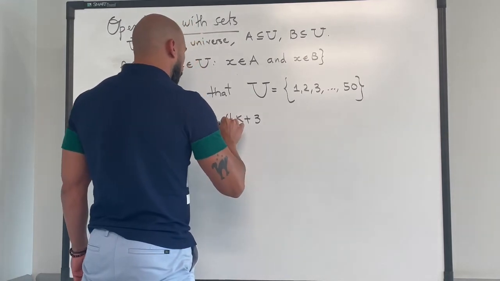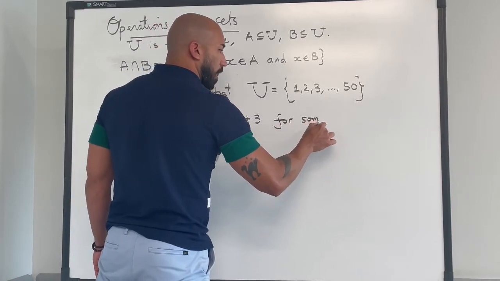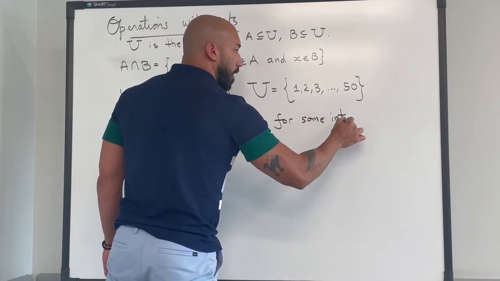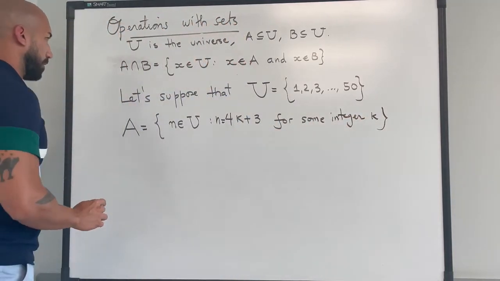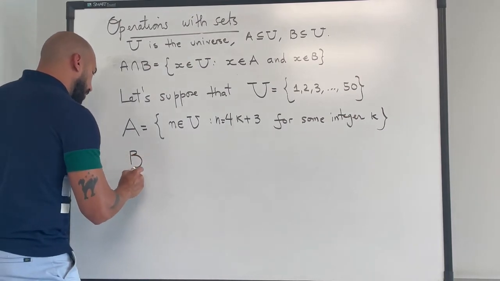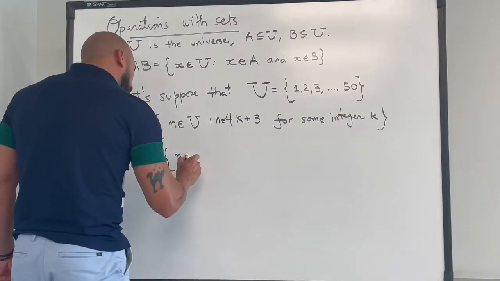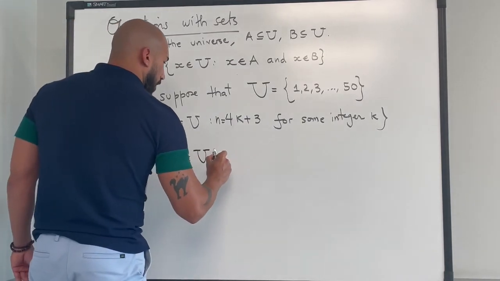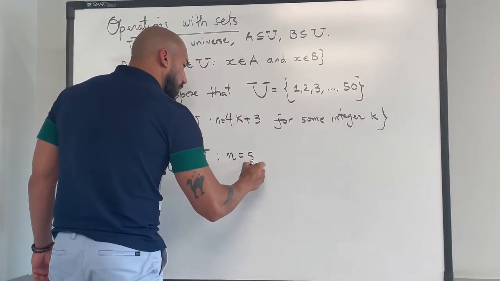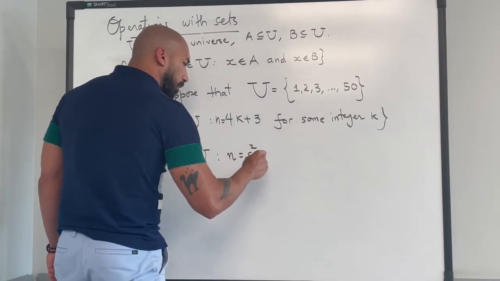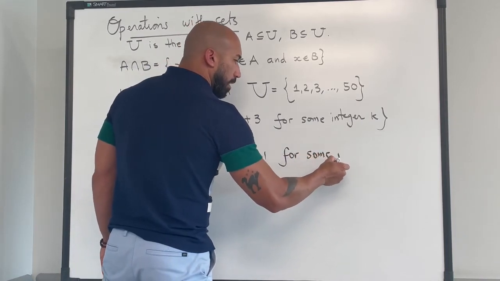So n is equal to 4k plus 3 for some integer k. And B are those elements in the universe such that n is equal to s squared plus 1 for some integer s.